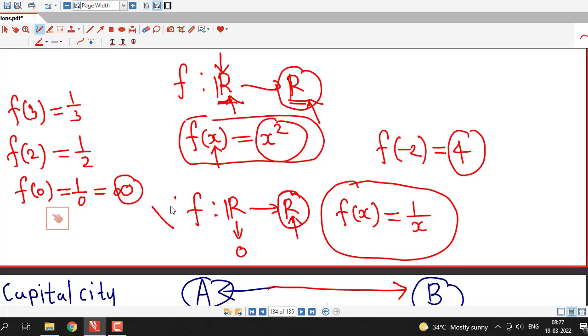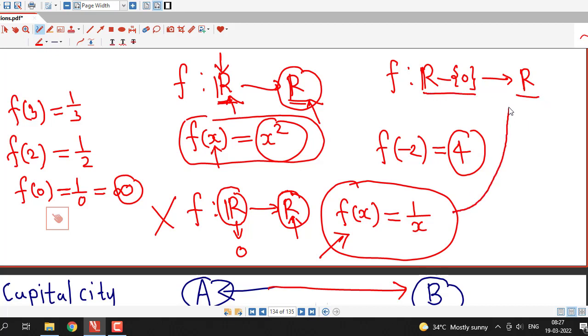So this is not a function from R to R. If I want to make this f a function, I have to remove 0 from this set. So I have to change my domain to R minus 0, the set of all non-zero real numbers. So f(x) equals 1 by x from R to R is not a function, but if we consider f from R minus 0 to R, then this will define a function.